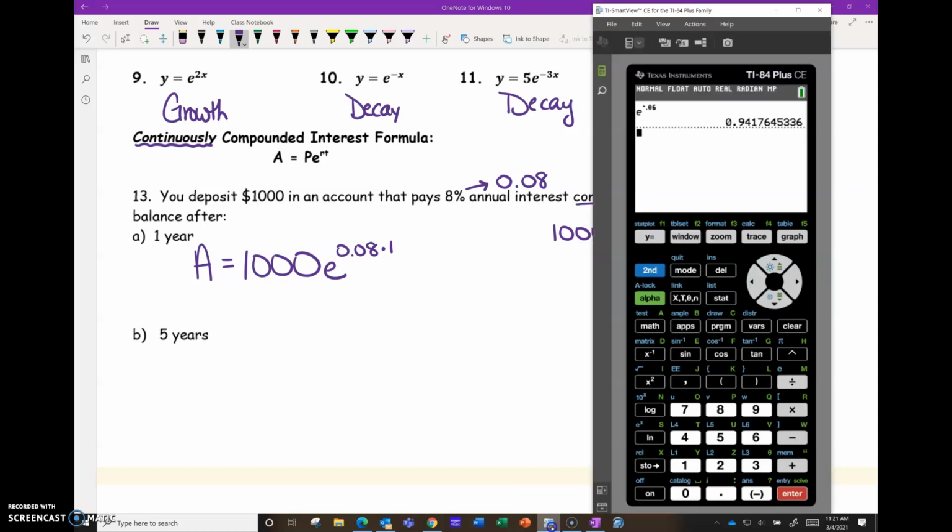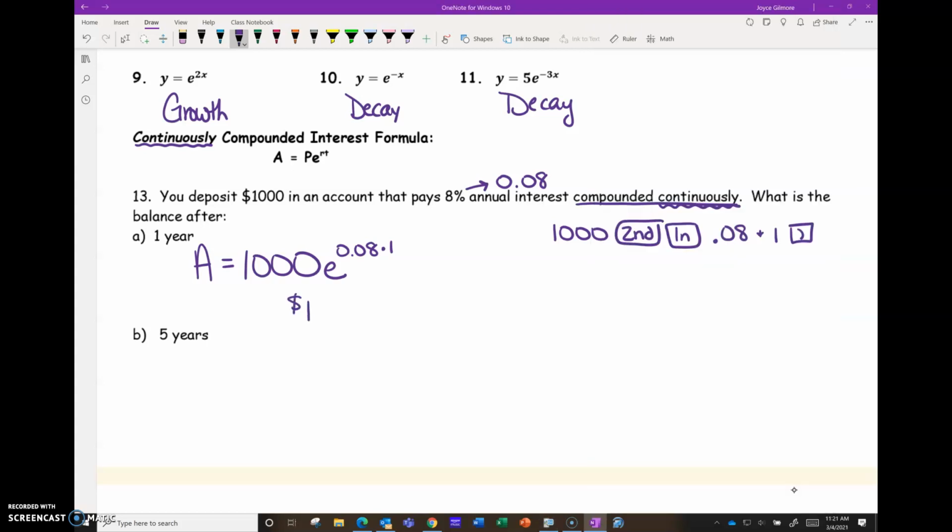If you plugged this in correctly, 1,000 e to the 0.08 times 1, you should get $1,083.29.